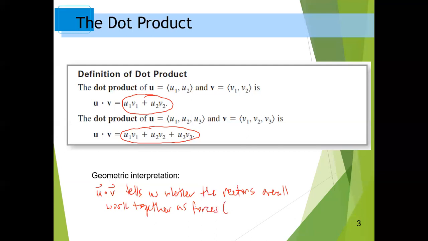Okay, and if that happens, then U dotted with V would actually be greater than 0, or oppose each other overall. And so what would happen to the dot product if they happen to oppose each other?